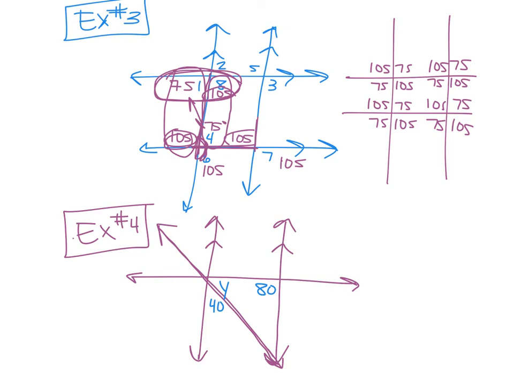There's a couple ways you could go about it. Yeah, Sam. You could find the supplement to 80 and subtract 40. Okay, so you can look at it like this, right? This angle and this angle are supplementary.